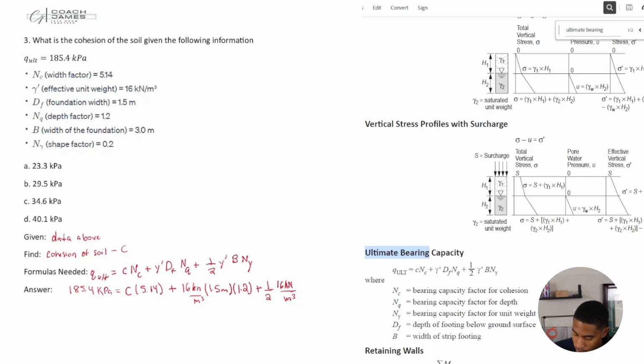Okay, times B, which is the width, foundation, which is 3. And then times NY, which is 0.2. All right, and when I solve and get everything to the other side, when I solve for C, I get C is equal to 29.5 kPa.